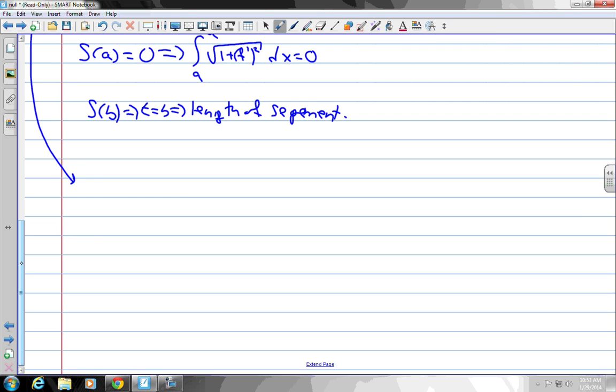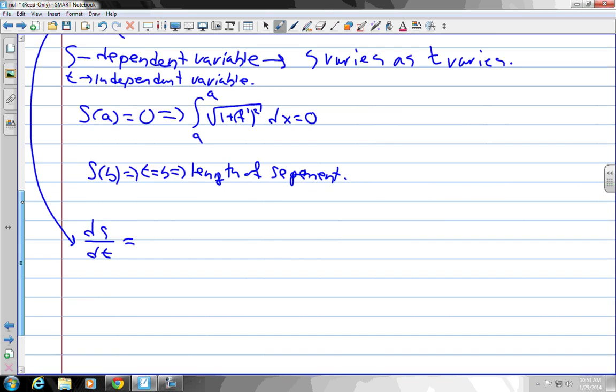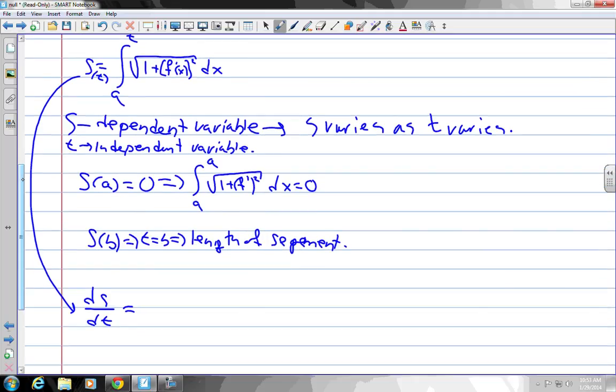And if I compute ds dt, what does that equal to? If I take the derivative of this function with respect to t, what do we get? Yes, right. That's your FTC.